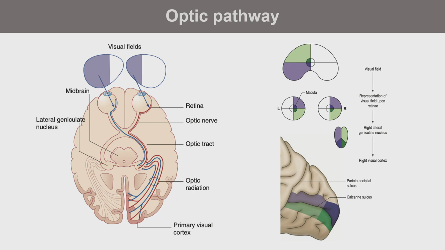So, the optic pathway. The optic pathway is very, very important for clinical examinations. One of the first things when you go to the patient is to check if he or she is able to see everything.